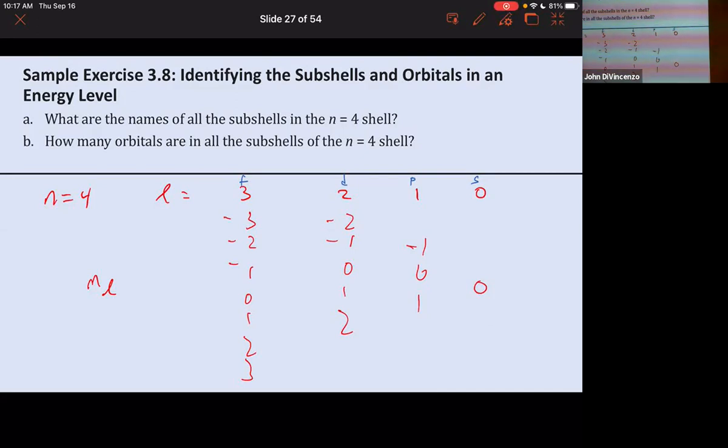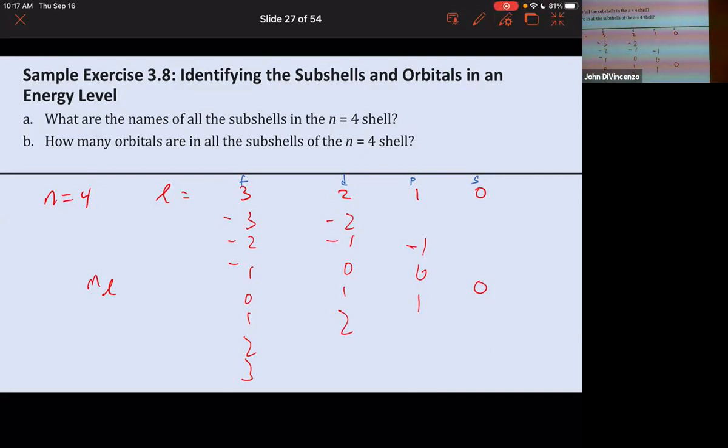You got the 5D orbitals within the 4th energy level. And you got the 7F orbitals. How many orbitals are in all the subshells of the N equals 4 shell? We just did this. It's just 2L plus 1. Okay, there's going to be 7.